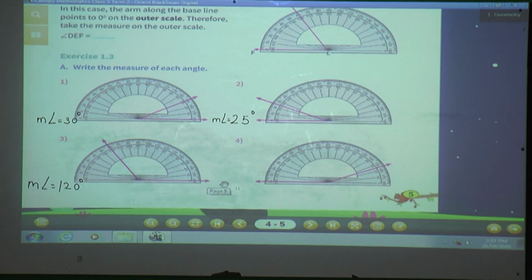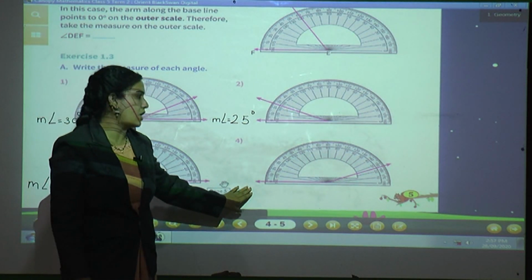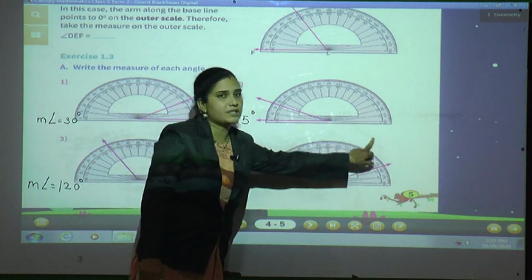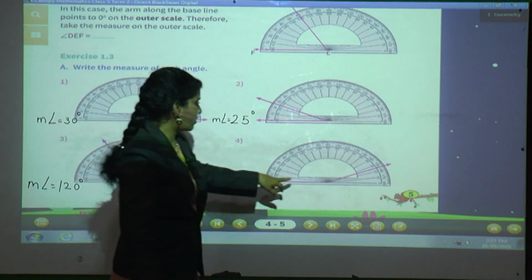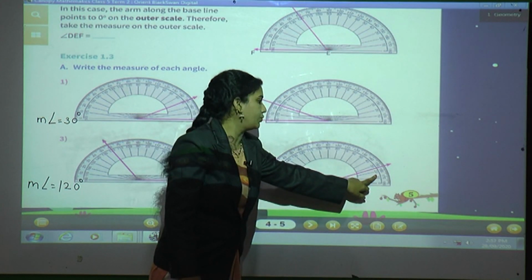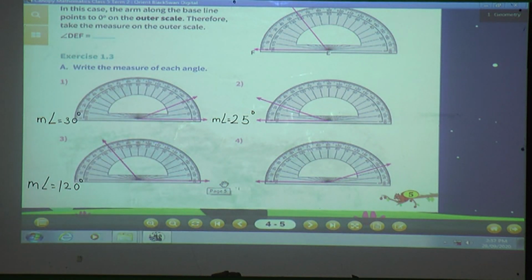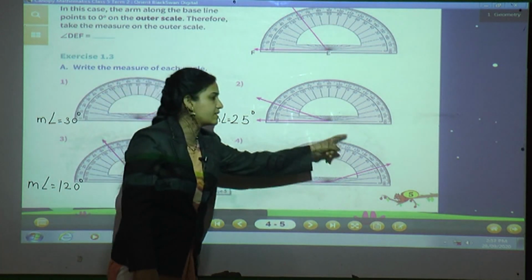Now fourth one. Here the arrow is on the left side. So we have to measure by the outer scale. Now the angle, see, is it between 30 degree and 20 degree? Yes or no? No. We have to measure it by the outer scale.